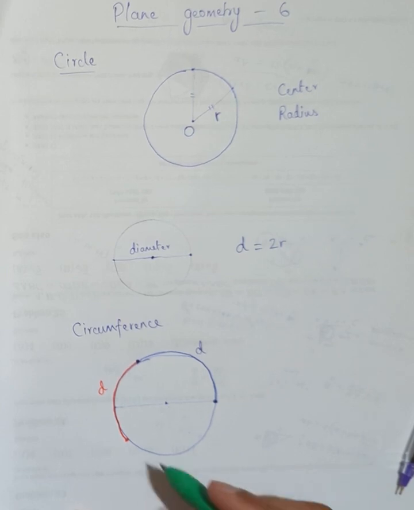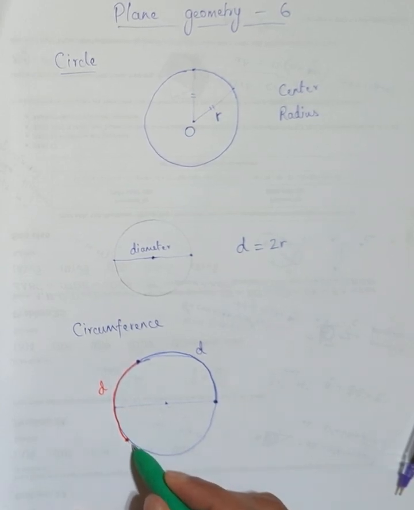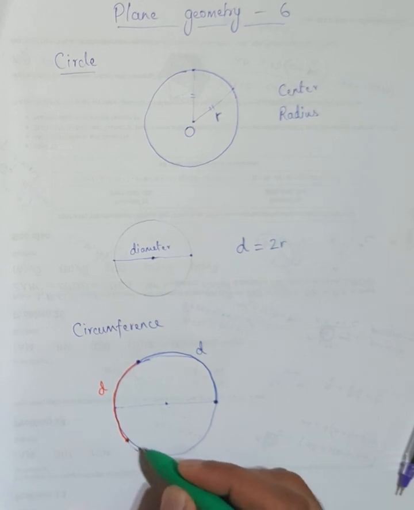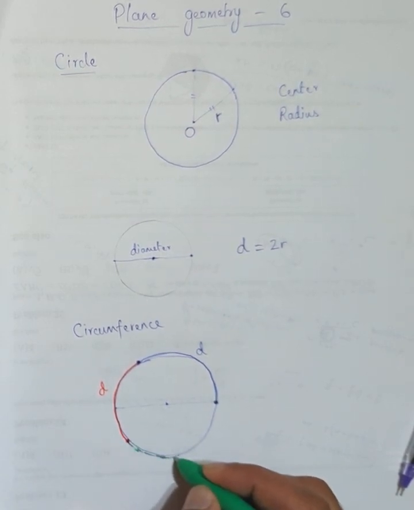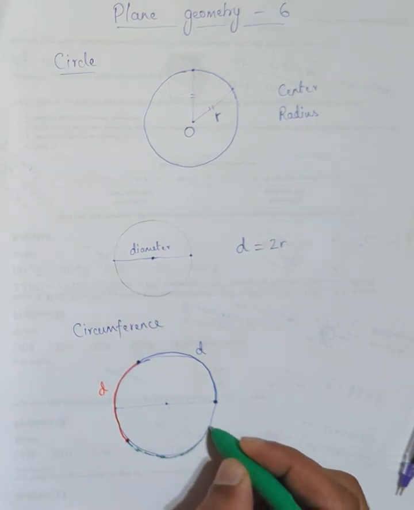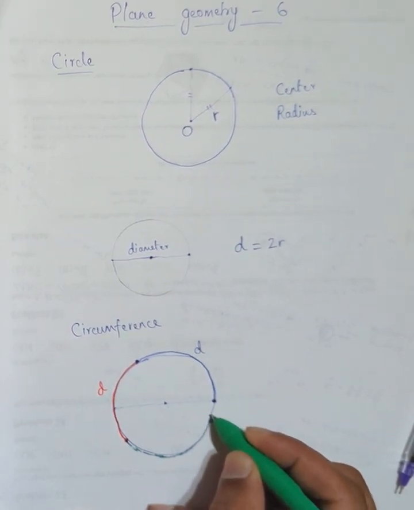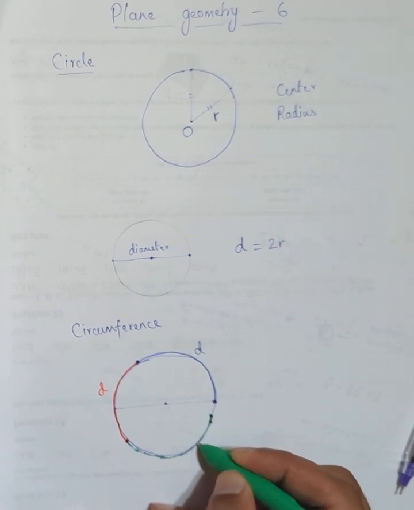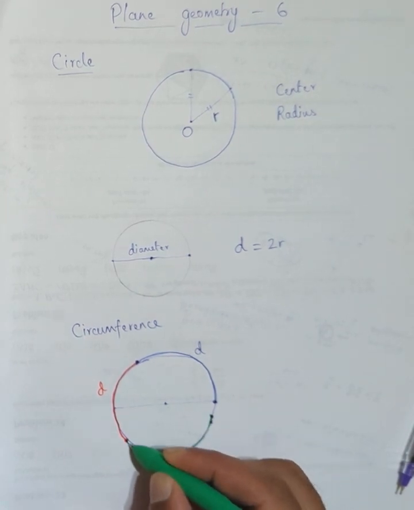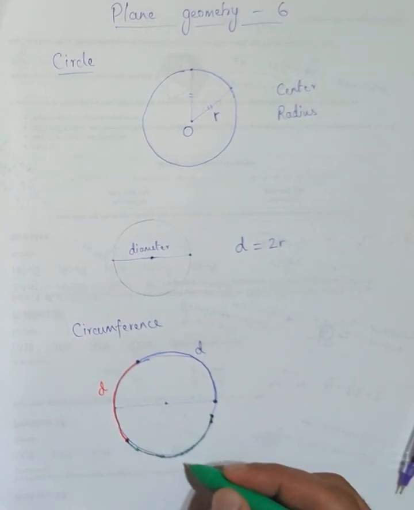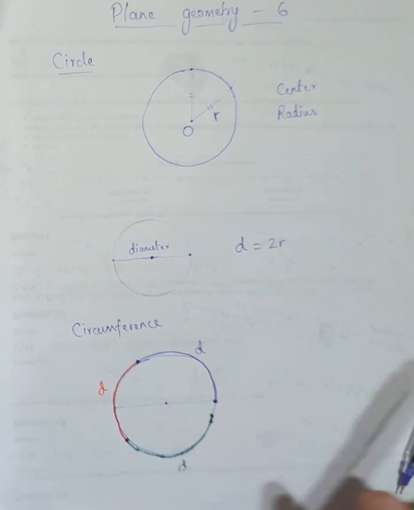And then if I try to wrap it around, it's going to cover almost entirely, but it stops a little bit before joining the starting point. So this is D.